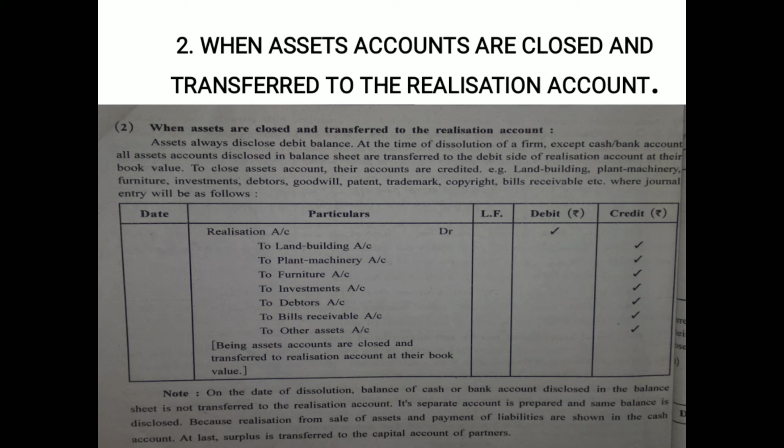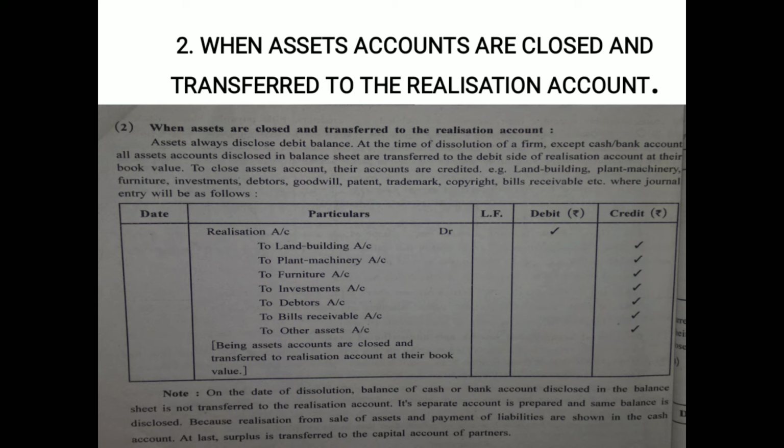So when assets accounts are closed and transferred to the realization account, all these journal entries are extremely important to understand and learn. The practical sums are completely based on this. I repeat this again and again. Now you know very well that assets always disclose debit balance. Obviously, the basic balance of assets is debit balance.